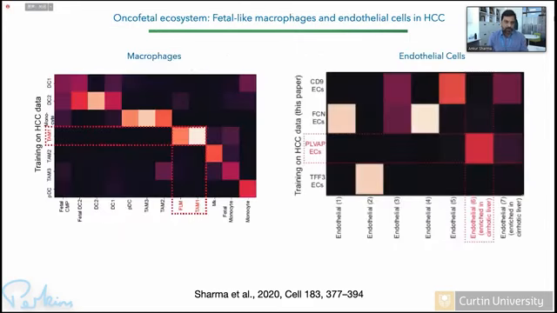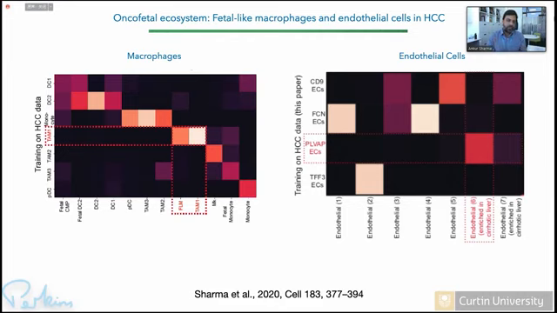But I think this was the most interesting bit, where we could also identify a population of macrophage we call TAM1, tumor-associated macrophage 1, which is shared with fetal liver tissue. So we found a very nice correlation between the gene expression pattern of fetal liver macrophages and a population of tumor macrophages.